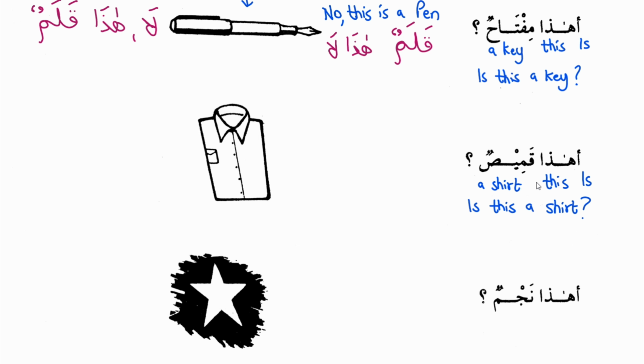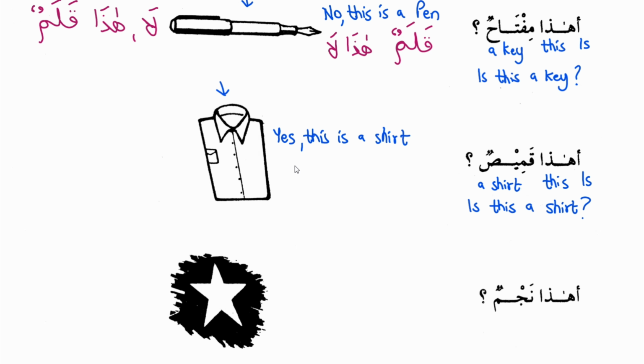Is this a shirt? Yes, this is a shirt, right? We have already learned this vocabulary. So we will write yes, this is a shirt. Okay. For yes, we know that the term is na'am in Arabic.